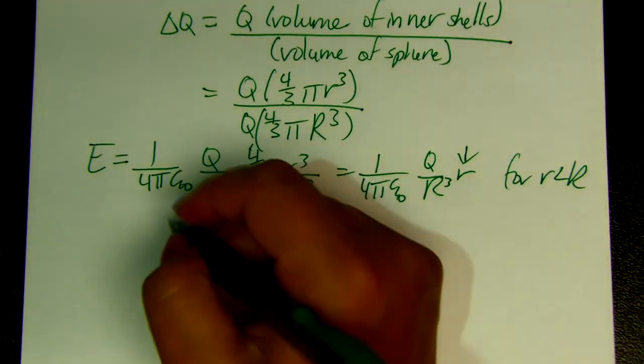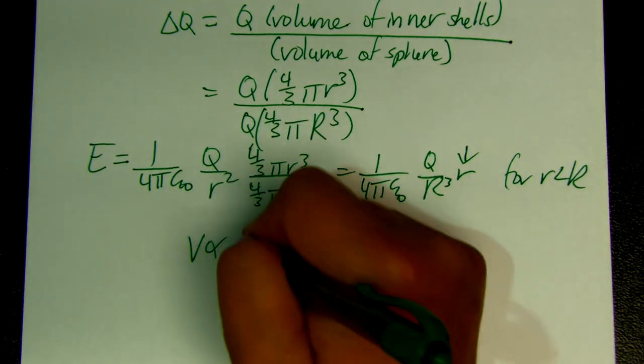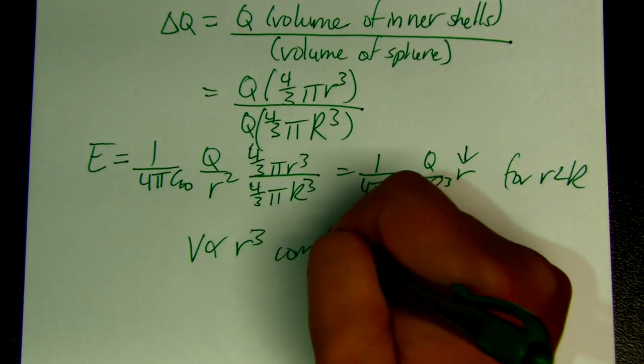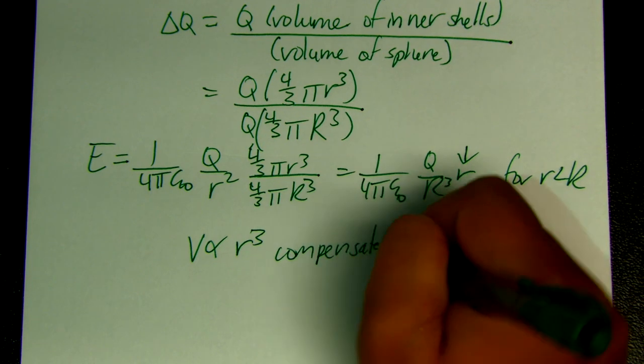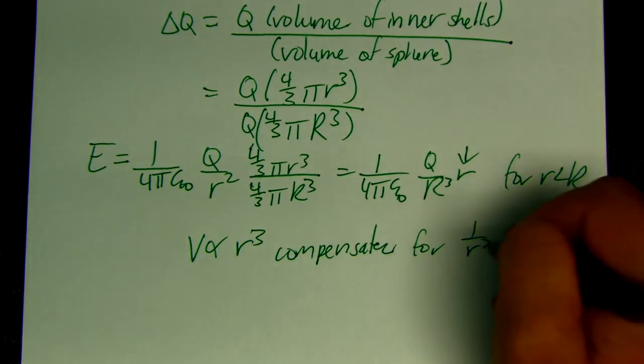And so the larger volume, V proportional to r cubed, compensates for the 1 over r squared dependence.